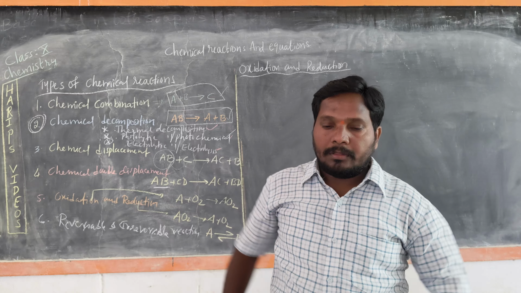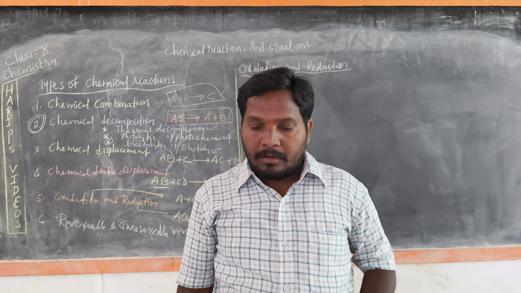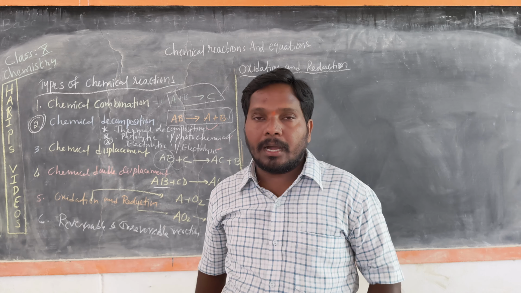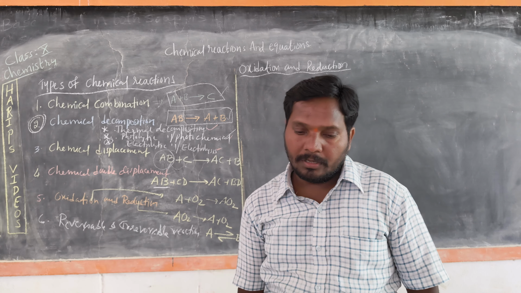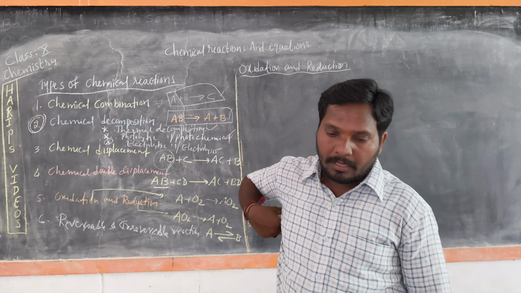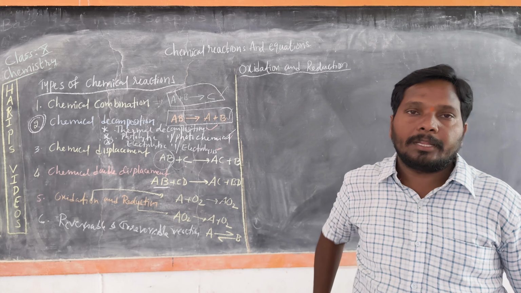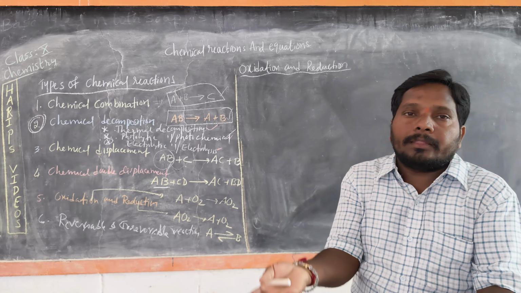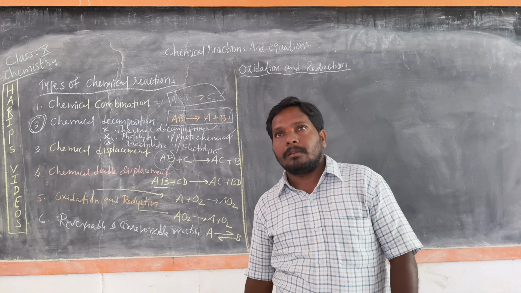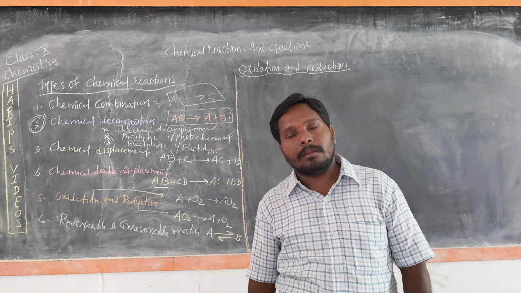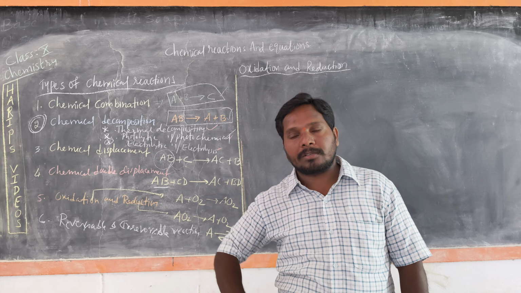So the earlier concepts of oxidation and reduction were based on the addition or removal of hydrogen or oxygen. In terms of oxygen or hydrogen, oxidation and reduction depend on either adding oxygen or removing hydrogen, or adding hydrogen or removing oxygen.